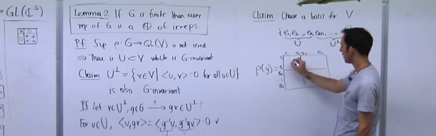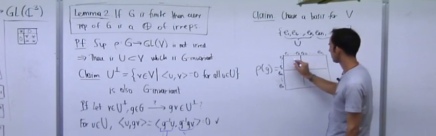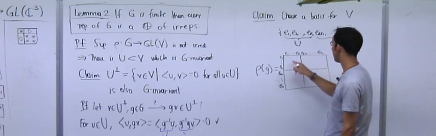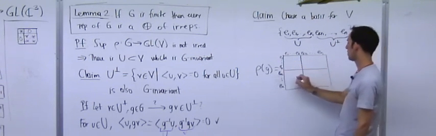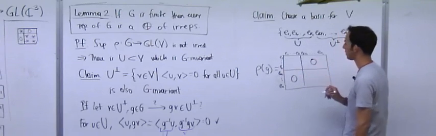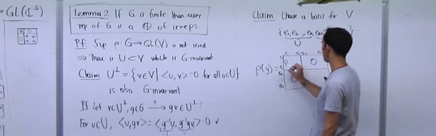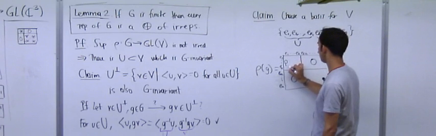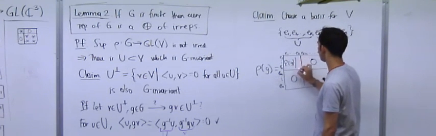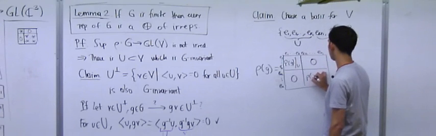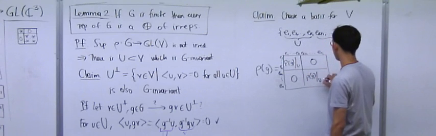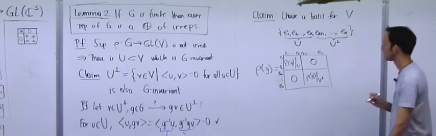And in general, what you're going to find is that you might have non-zero things here and here, but you're not going to have anything here and here. And this is just going to be whatever rho does in U and whatever rho does in U perp.